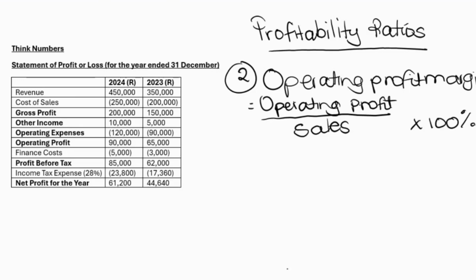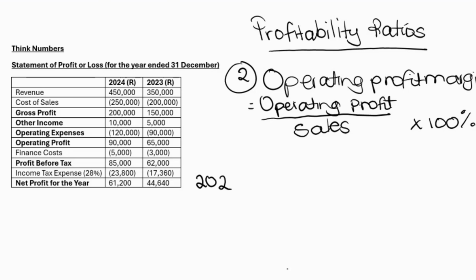And what the operating profit margin looks at is the efficiency of our core operations. So whatever our core operations are, whatever is the main course of our business, how efficient is it? And once again, we're going to compare 2 years.